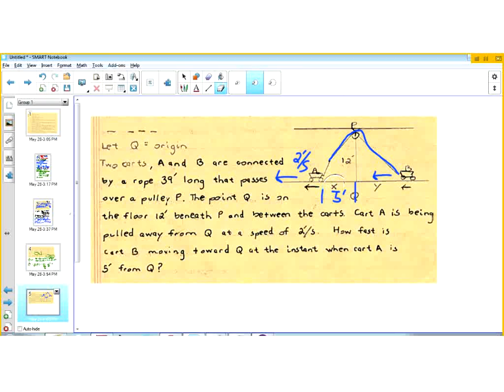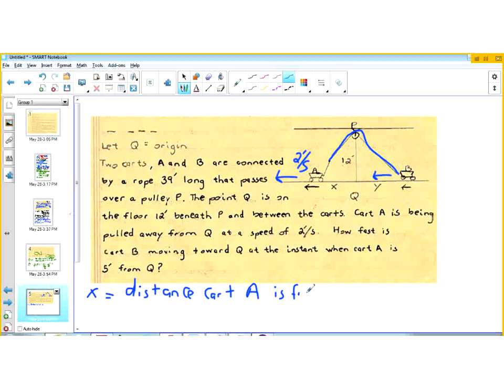So how do we work it? Let's let x equal the distance cart A is from Q. Now I'll superimpose a coordinate system, and point Q will be the origin.